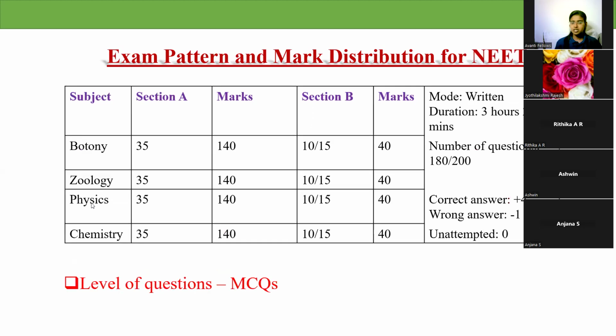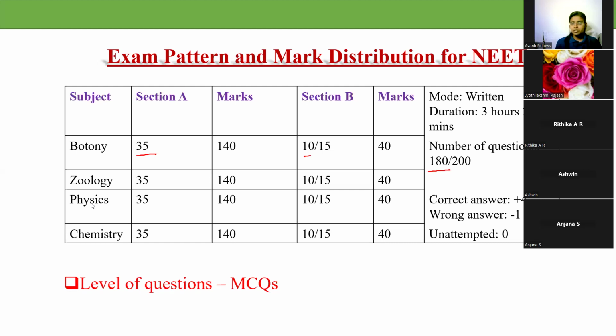Then coming to the exam pattern and mark distribution for NEET. It consists of 4 subjects: botany, zoology, physics, and chemistry. Section A has 35 questions, and section B has 15, out of which you have to attend only 10. So 35 plus 10 will be 45 questions in each subject, and 45 into 4 subjects is 180.